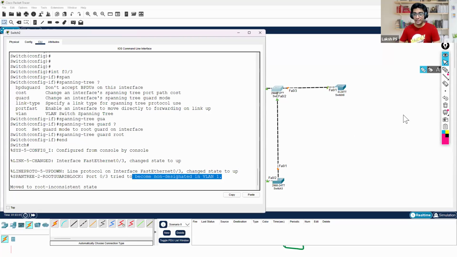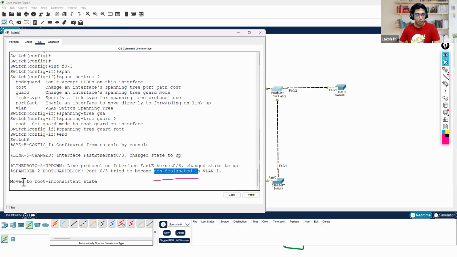Obviously, if it is a non-designated port, it can be a root port only. That means it tried to become a root port for VLAN number 1. Why? Because this switch is the root switch, so obviously this interface would be a root port. That is why it said non-designated.